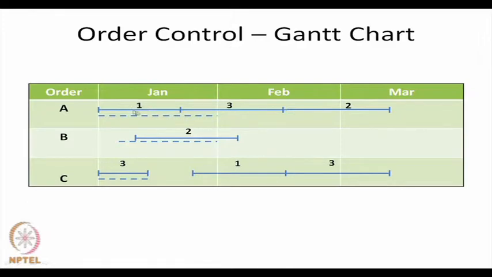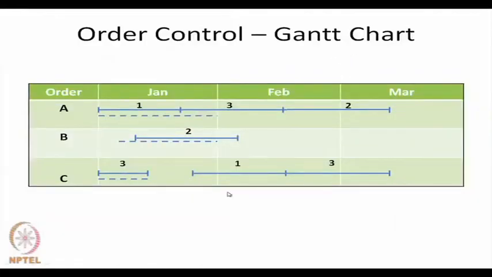Was it because the tools were not available, or because the workers were not working as per schedule, or because of machine breakdown and things of that type. So, this is a very useful graphical chart through which we can know how the orders are being processed in different machines.